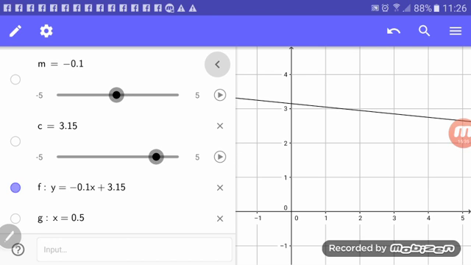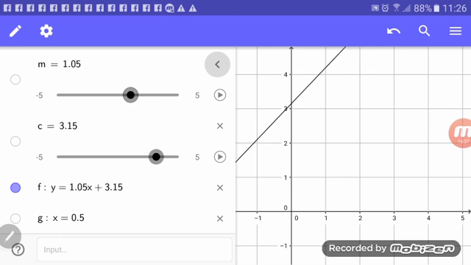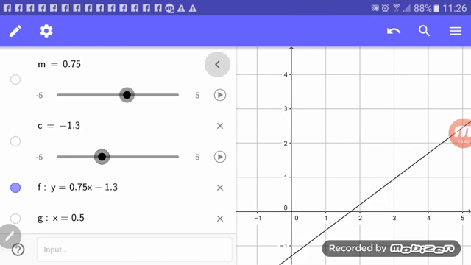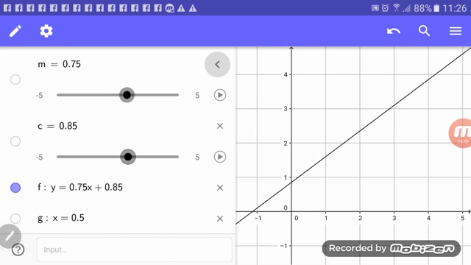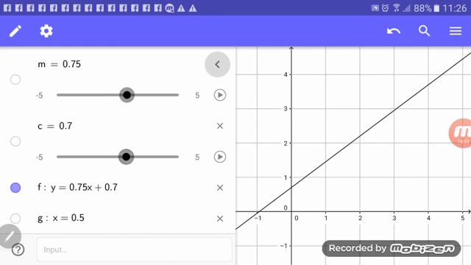As our gradient changes, that number in front of the X changes. As our Y-intercept changes, our C value changes. C stands for constant. C for constant. So a constant value is generally our Y-intercept.